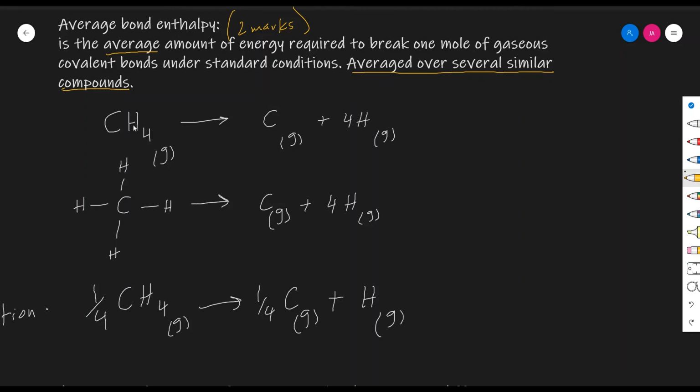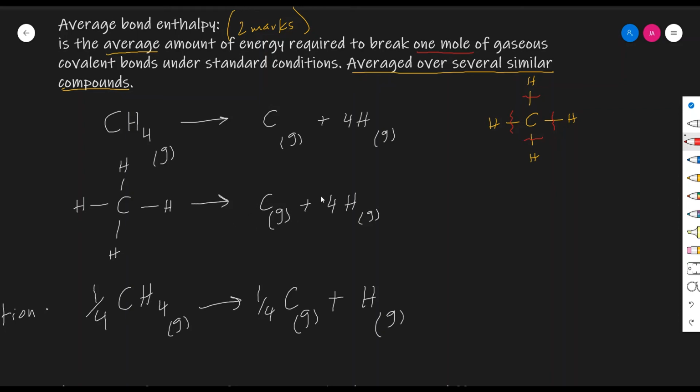CH4 contains 4 C-H bonds, and thus to produce 4 gaseous hydrogen atoms and 1 gaseous carbon atom, you would have to break 4 moles, not 1 mole, of carbon-hydrogen bonds. This would represent the bond enthalpy multiplied by 4. But the definition states it's the energy required to break 1 mole of gaseous covalent bonds.